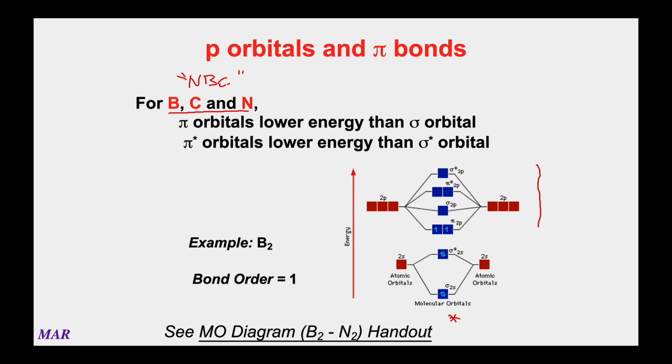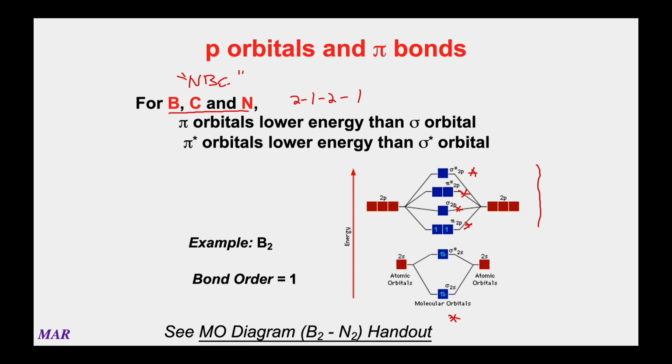The BCN orbitals, the pi's are lowest, followed by the sigma, then the pi star, and then the sigma star. So the pi's get filled in first, and then the sigma, then the pi star, sigma star. I'm going to refer to this sometimes as a 2-1-2-1 diagram because the 2 pi's are filled in first, followed by the 1 sigma, then the 2 pi star, then the 1 sigma star.